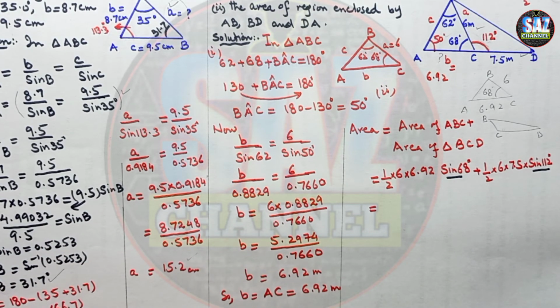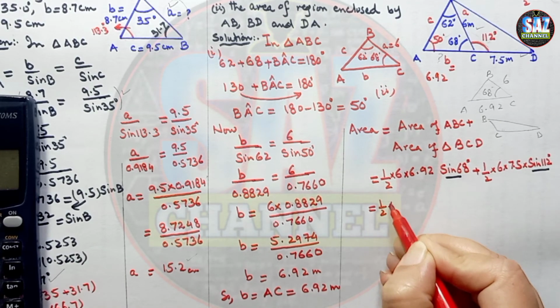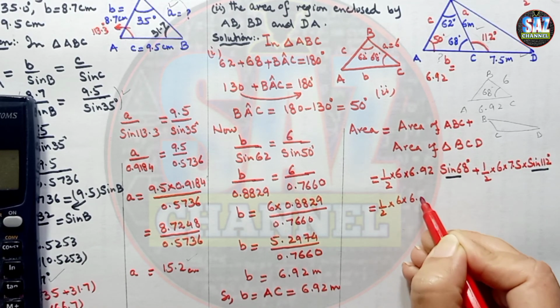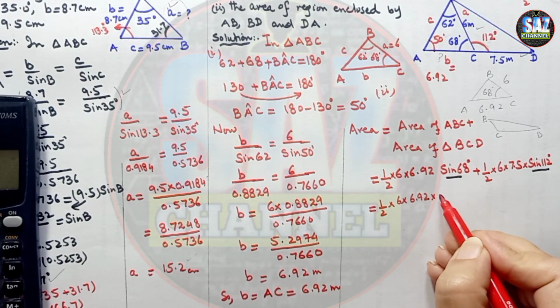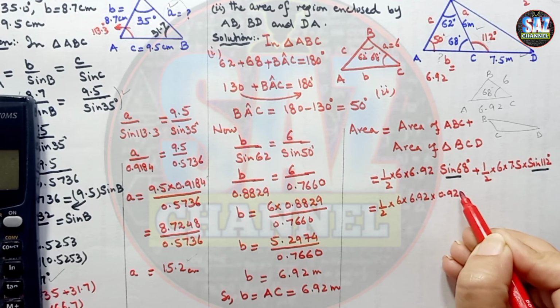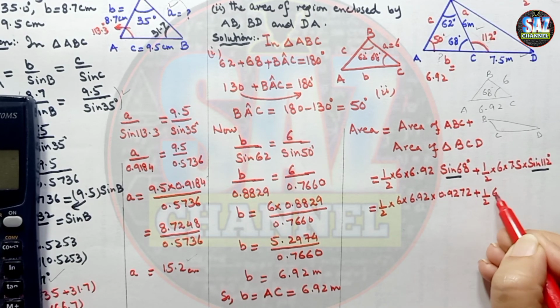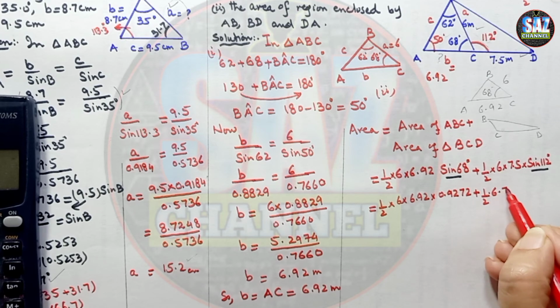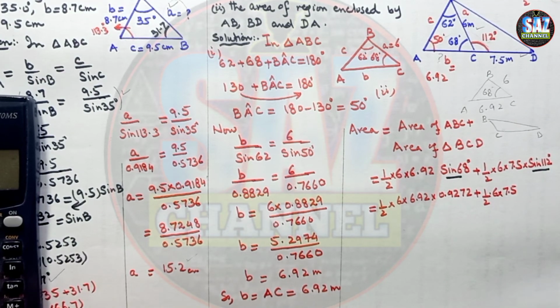Sine 68 degrees is 0.9272. So half into 6 multiplied by 6.92 multiplied by 0.9272, plus half into 6 multiplied by 7.5 multiplied by sine 112, and close the bracket.